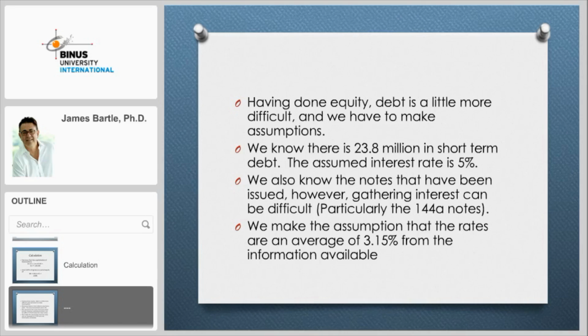We make the assumption that the rate for all the rest of the debt, the long-term debt that we saw in the balance sheet, is 3.15%. Because when we looked at the Morningstar calculations, there were only two notes that were accruing interest, and we have to assume that when Woolworths makes an issue today, they would be at the average of those two issues, which is 3.15%.